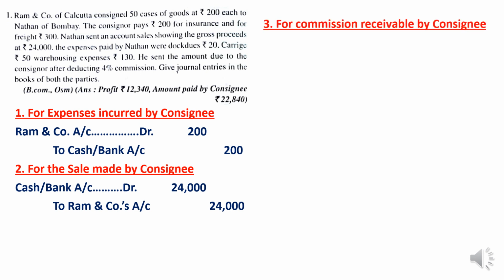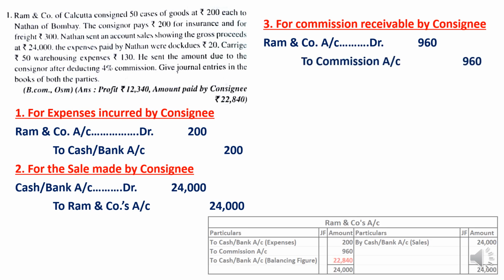Then for commission receivable by consignee, in the sense commission charged, the entry is Ram and Company account debit to commission account, right? Then finally we will make Ram and Co account. We will debit expenses, commission and credit cash or bank, that is sales 24,000.